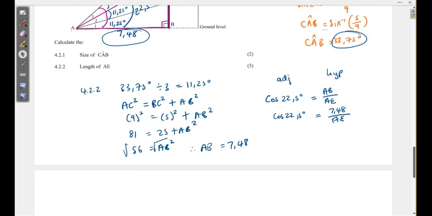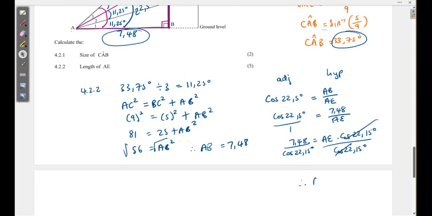Now to get AE, remember you cross multiply. You shall say 1 times 7,48 is 7,48. Then you have AE multiplied by cos 22,5 degrees. You divide by cos 22,5 degrees, they cancel.